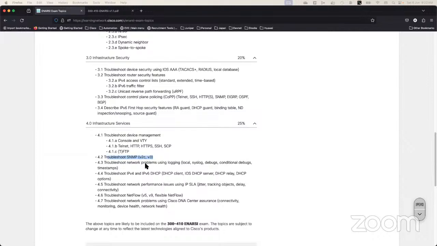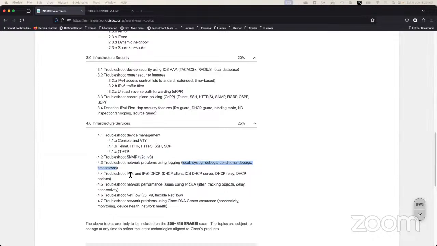That we'll be covering. Apart from this, syslog server, debugging, conditional debugs, or local logging, how we configure them, how to troubleshoot. These are the things that help us in troubleshooting an incident. How we can use them, we'll see in the practical way.